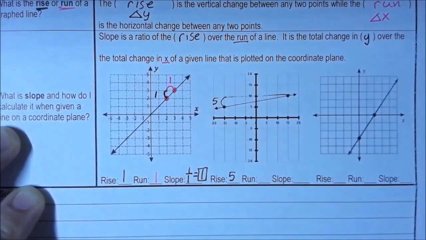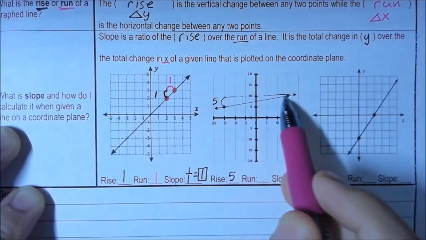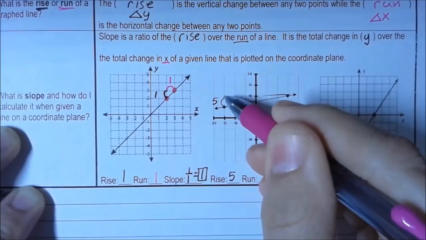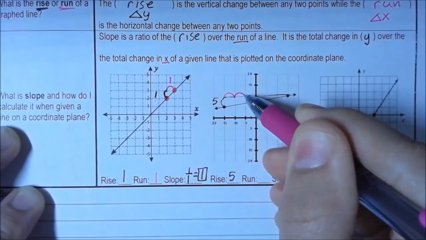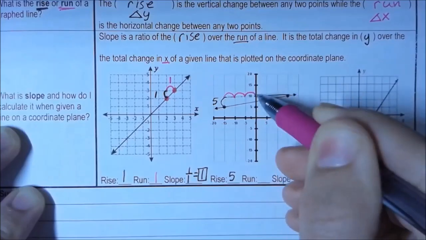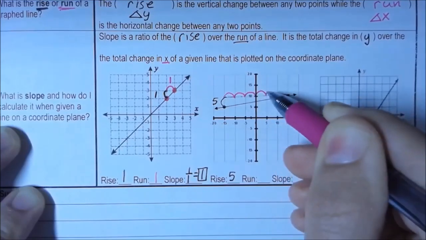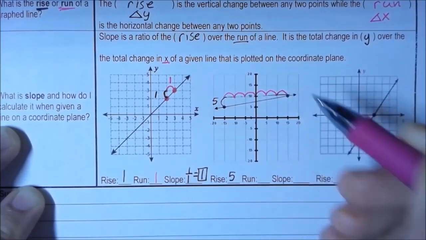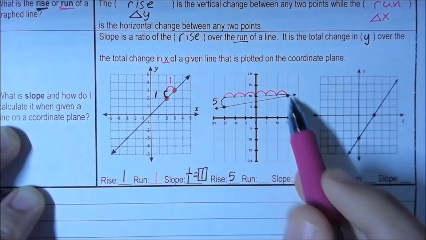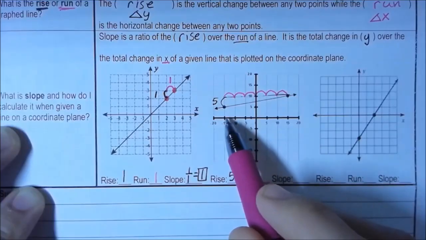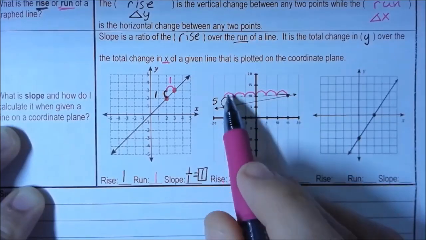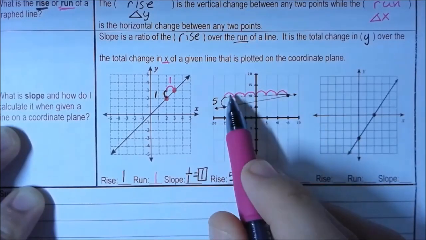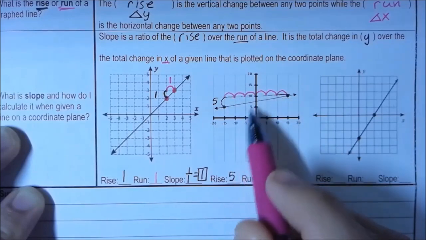Then when we talk about run, we have to go all the way over till we touch this point. So we go over 1, 2, 3, 4, 5, 6. But notice we moved by 5s, 5 units at a time, so we should be counting by 5s instead of 1s. So you could say 6 times 5, and that gives you 30.